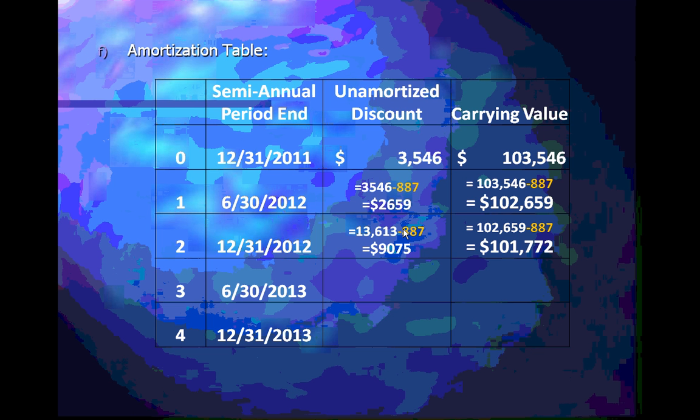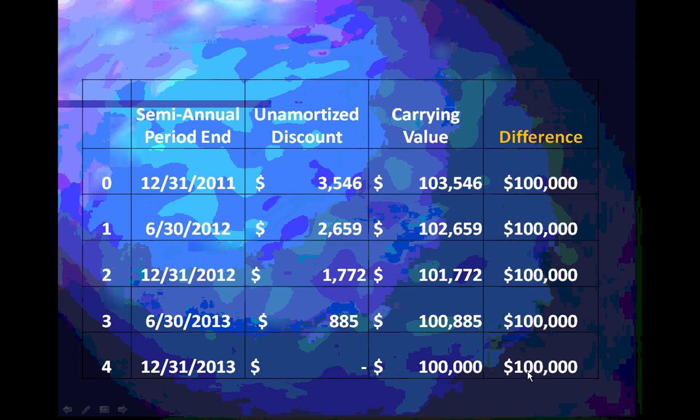So what's happening here is you still get to the bottom, but instead of these two being added to get the par value, you have to take the difference. So the carrying value is over the par value, and you subtract this and you get the par value. They both came down by 887, but the difference between these two columns is still 100,000, the par value.